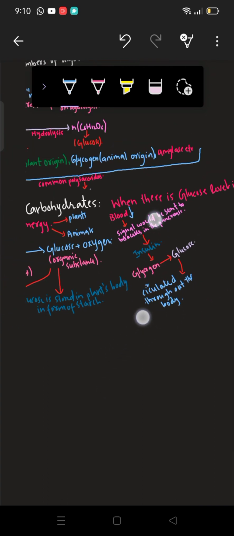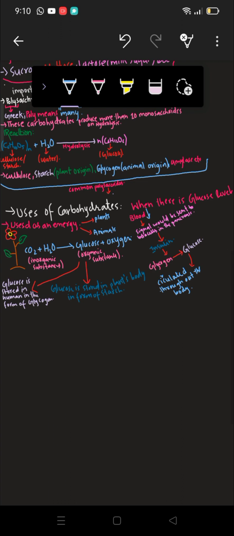But if the glucose concentration in the blood is high, then the signal will go to the alpha cells, and alpha cells will produce glucagon. That glucagon will convert this glucose into glycogen, because in the blood the concentration of glucose is already very high, so we don't want any more sugar in the blood.